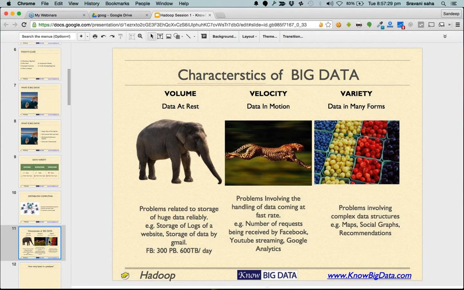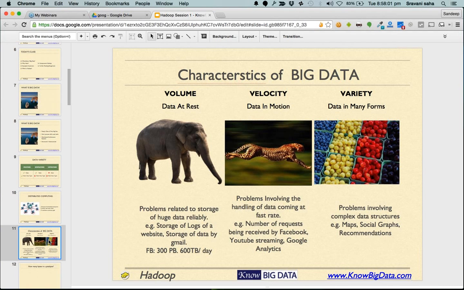In such a case you will soon run into a problem of velocity because there will be too many requests coming to you. So velocity is another reason why you revert to big data solutions, meaning distributed computing solutions, meaning you need multiple servers running parallelly to handle such loads, maybe thousands of servers in the case of Facebook.